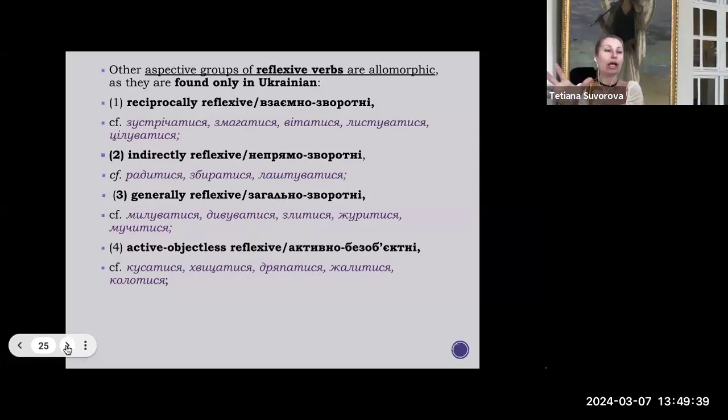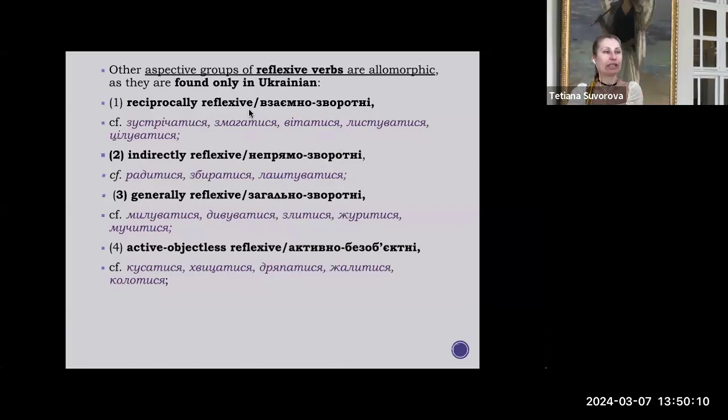You see, so we add the pronoun, a word combination, to express the same meaning. Okay, for example, змитися, змагатися. You see, all of them can have different shades of meaning, but by its form, the Ukrainian language has such a type of verbs, and English, no, it has to express this meaning in a word combination, as I mentioned, together with the reciprocal pronoun.